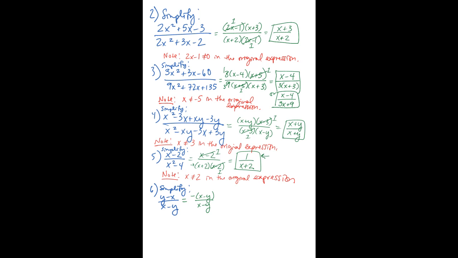We can divide them both by x minus y and get 1 over 1. And so we have negative 1 over 1, which simplifies to just negative 1. So this actually just simplified even to a specific number. But once again, we need to note that in the original expression we had x minus y in the bottom. So x cannot be equal to y in the original expression.